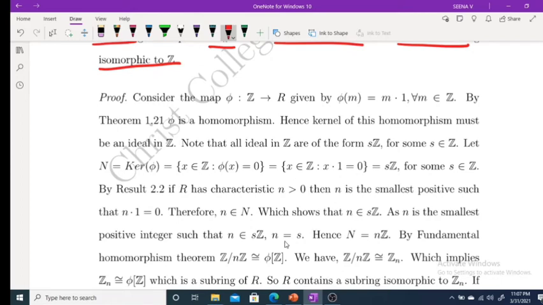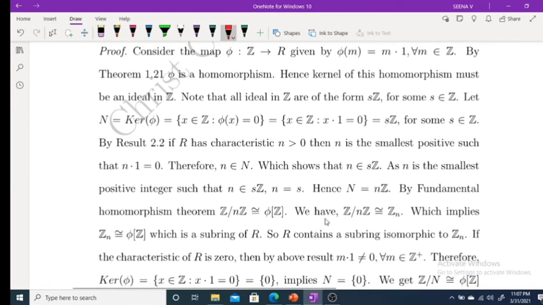What happens? n is equal to s, because in the set of all x belonging to Z such that phi of x equals 0, clearly for every s this condition also holds. So in this case we get n equal to s, which means sZ is the same as nZ. Therefore we have N equal to nZ.